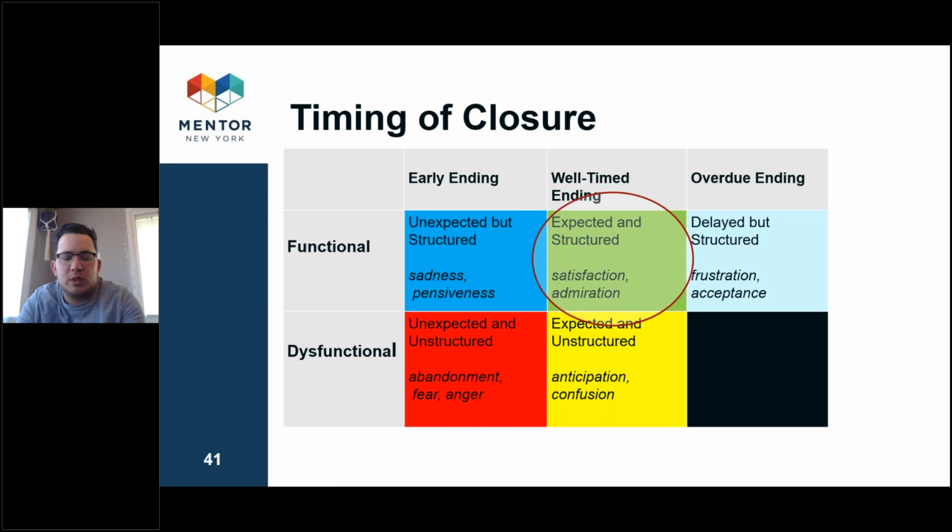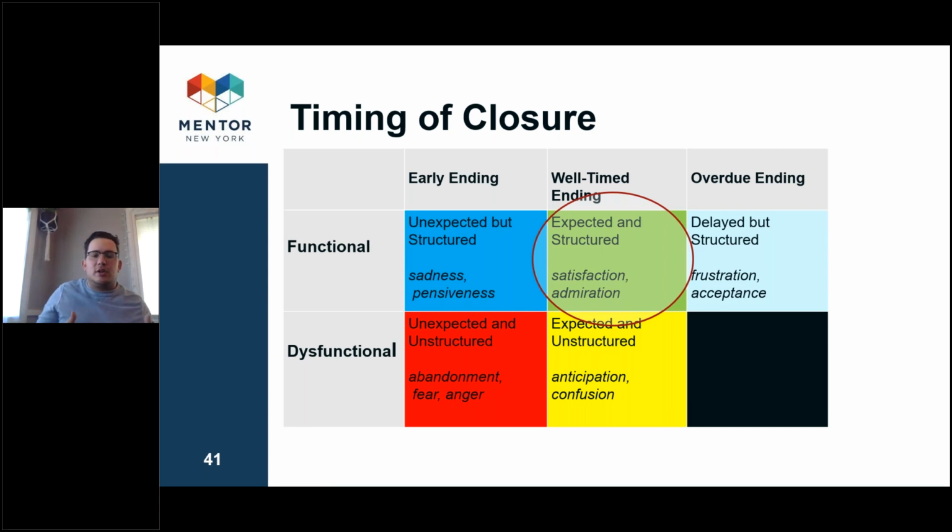well. So if we think about closure, we can think about it in two axes, right? Both in terms of timing, so early, well-timed, and overdue, and functional and dysfunctional. So if you think about an early ending, there's a functional process where you have a system in place, and the mentee is supported through it. We're either rematching them quickly, or we're providing some type of support and guidance.